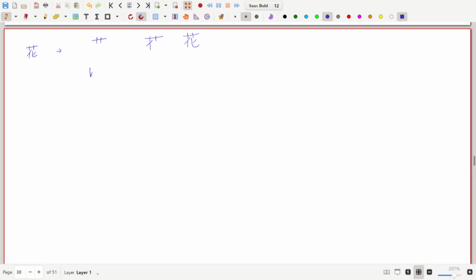This is the kanji of hana. Another reading is ka. Hana is for flower. If we say kabin, bin is for bottle, and kabin will be flower vase.